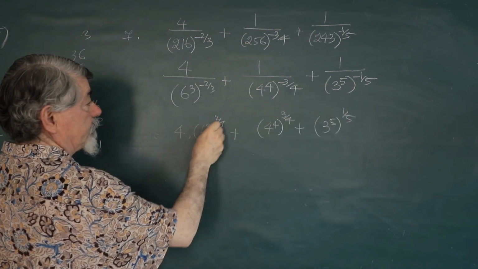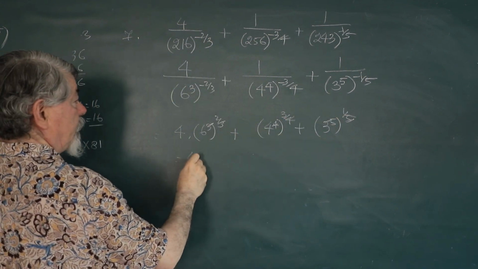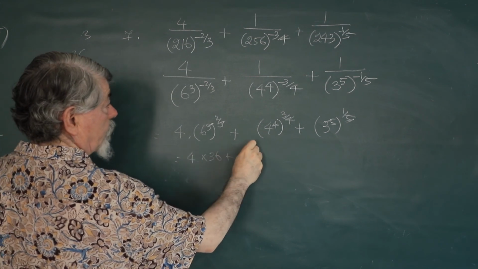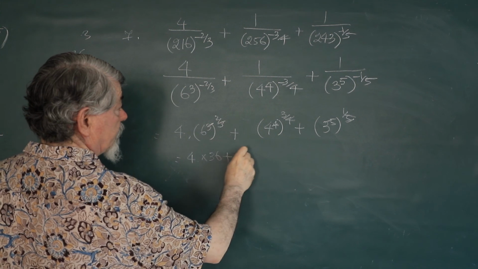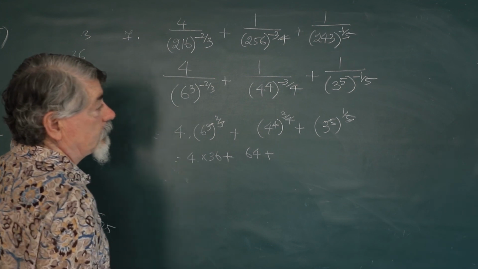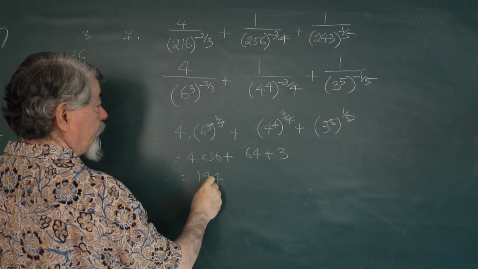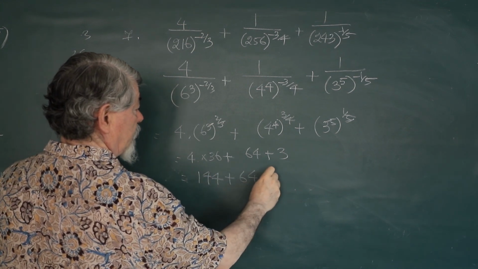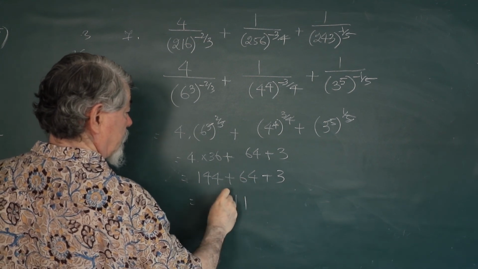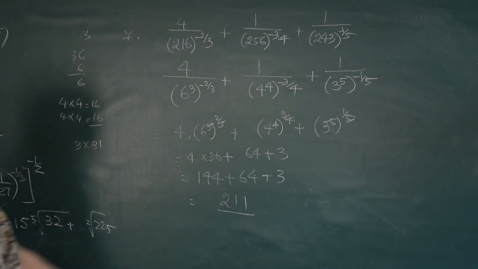So 3 will cancel, 4 will cancel, 5 will cancel. So 4 into 6 to the power 2 is 36, which gives 144, plus 4 to the power 3 is 64, plus 3. 144 plus 64 plus 3 is 211. 211 will be the final answer.